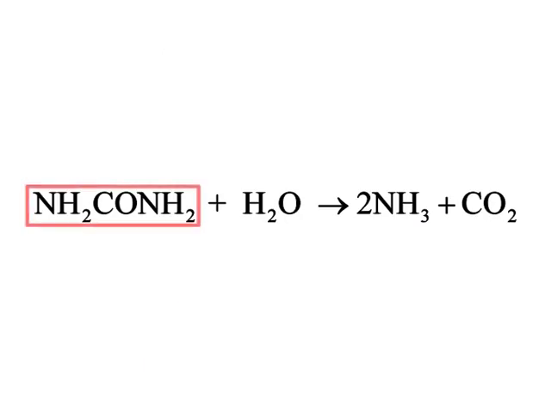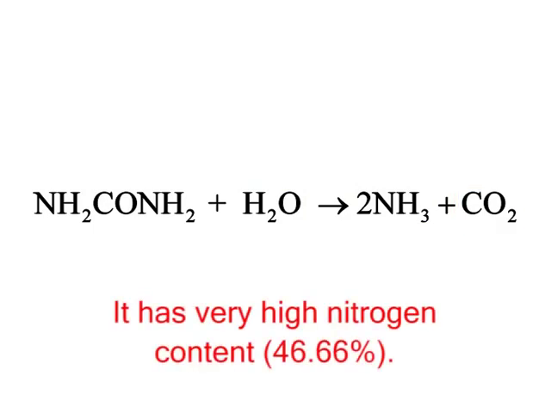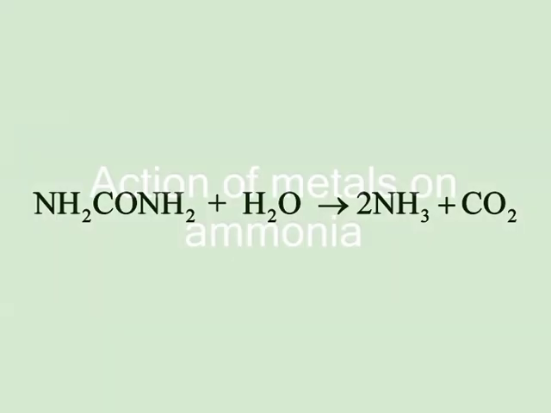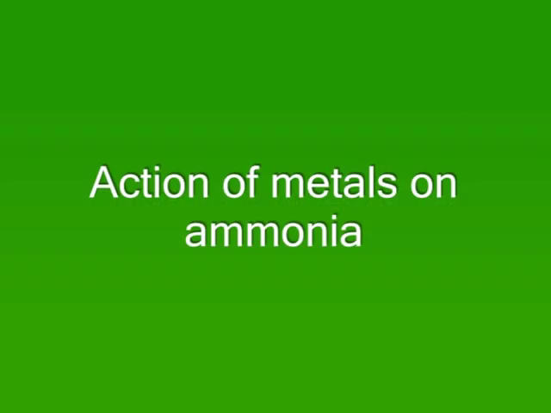Urea is widely used as a fertilizer since it slowly decomposes in moisture present in soil to give ammonia and carbon dioxide. It has very high nitrogen content, around 46.66%.